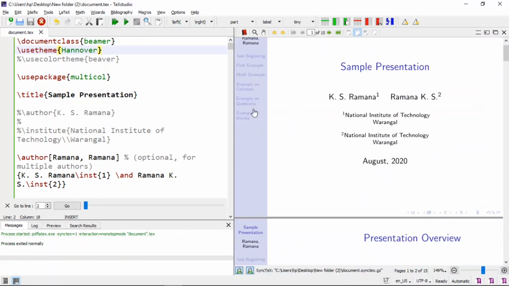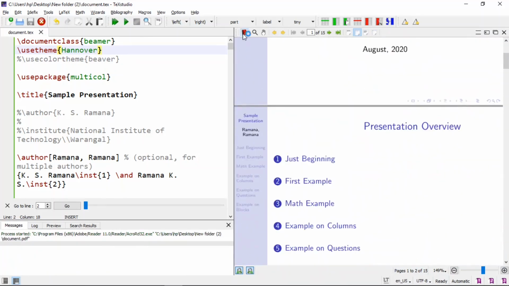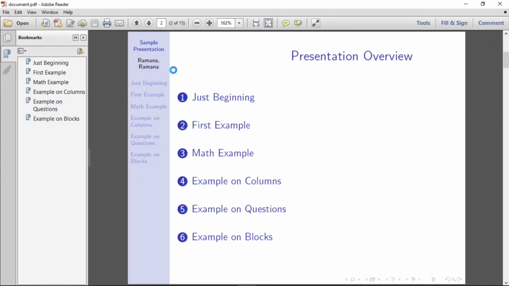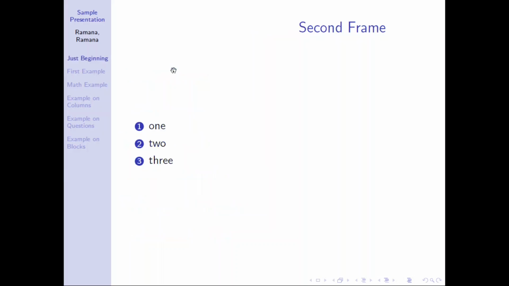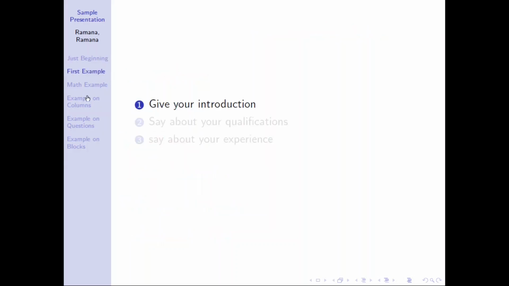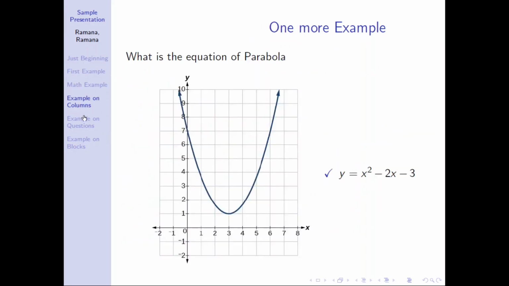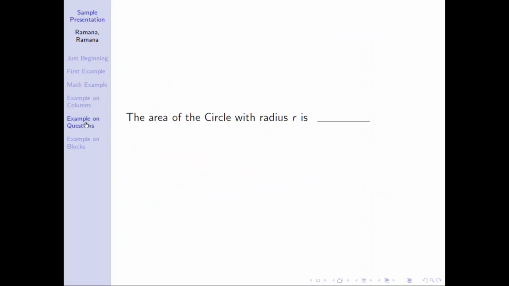See, everything is on the left side of the page. See how you are getting the first example, math example, example columns like this. Whatever we are given in the sections, they appear at the left here.